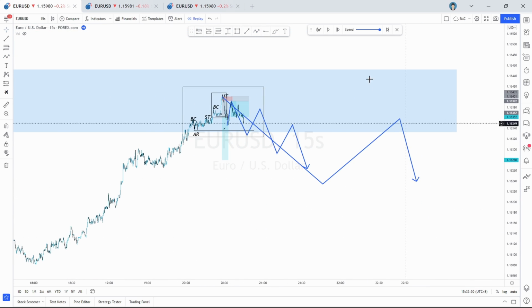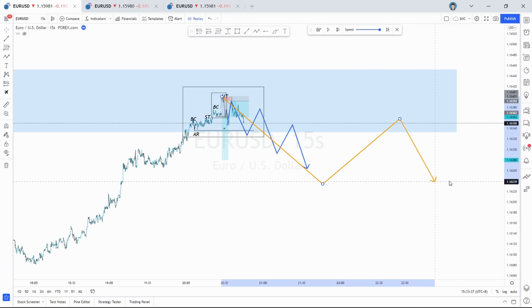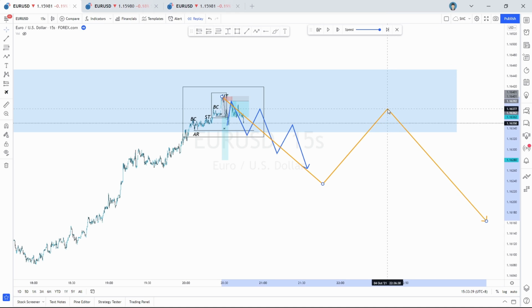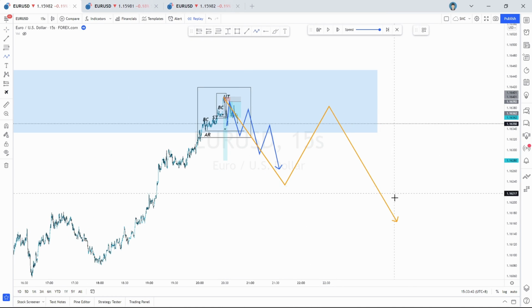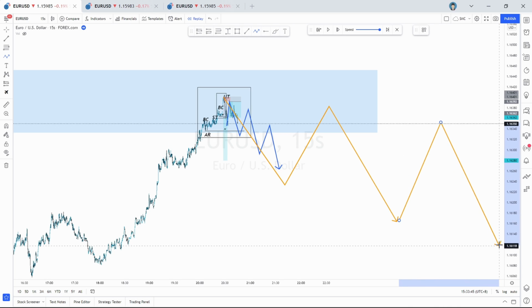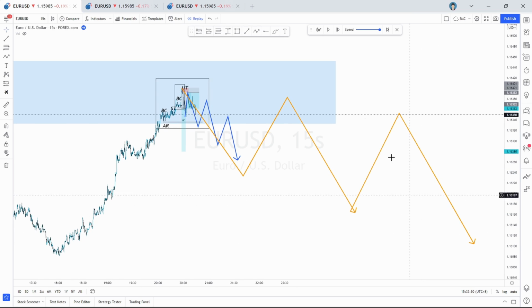Let's say on the 15-minute or 30-minute time frame, let's say this orange is the 30-minute time frame. So I was aware of this, but I was more keen on protecting my capital, and this was part of my rules.